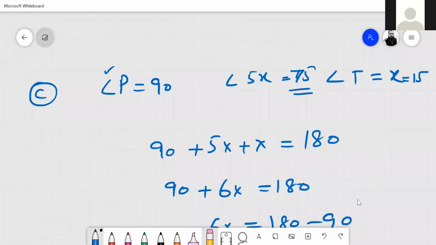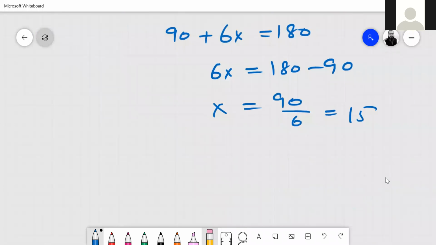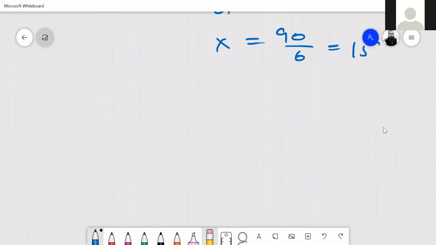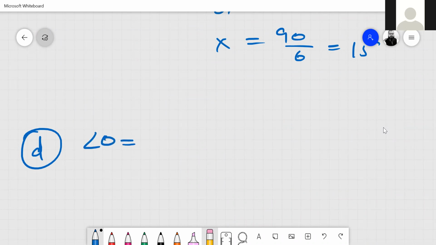Okay, now D. What will be the four angles here? Angle O is equal to 3x.